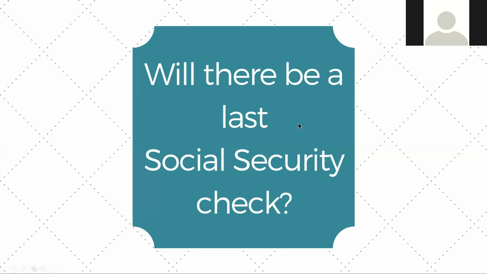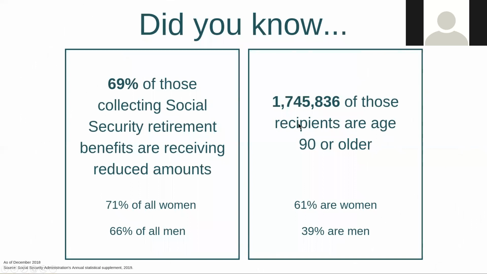All right, just a couple quick notes here. One of the other most common questions we get is, well, when do most people start collecting? When do they file? And as you can see on the left-hand side of the screen, most people file what we call early. And so this is going to be a recurring theme, so it's important to point out.